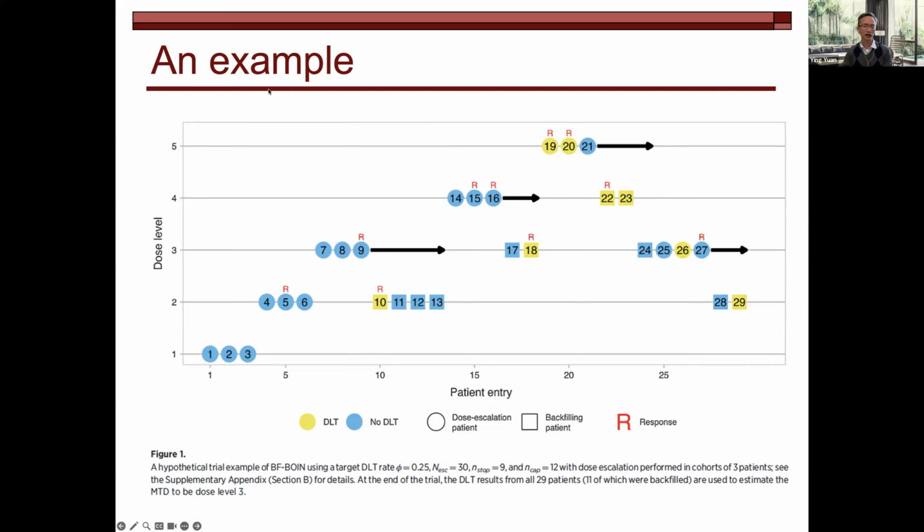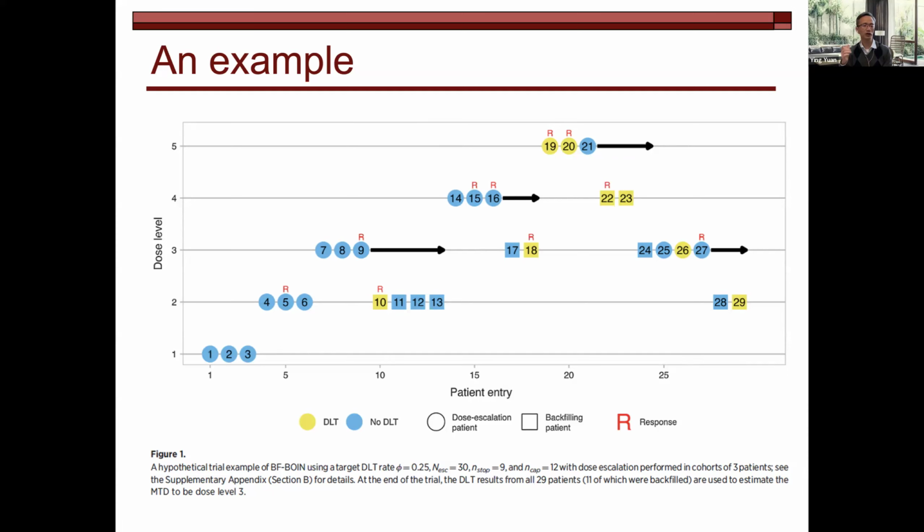People may ask, you still have some pending data for patient 23, so why do you totally ignore it? Can you use time-to-event Bayesian, TITE-CRM, those kinds of strategies to account for that partial information? The answer is yes, and we are working on that. Our simulation shows the impact is pretty minor, whether you account for this pending patient or not.